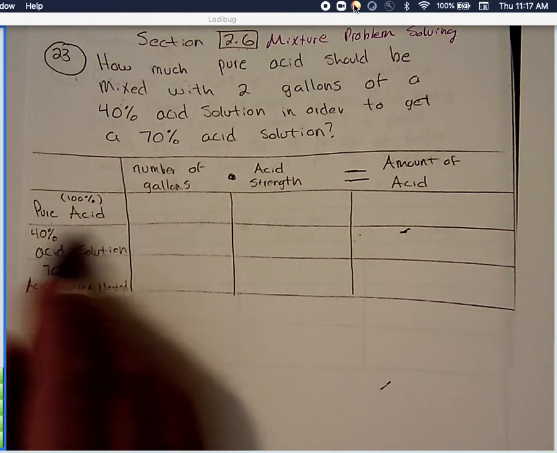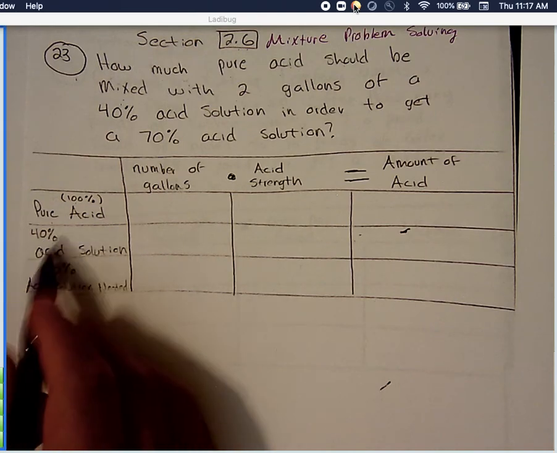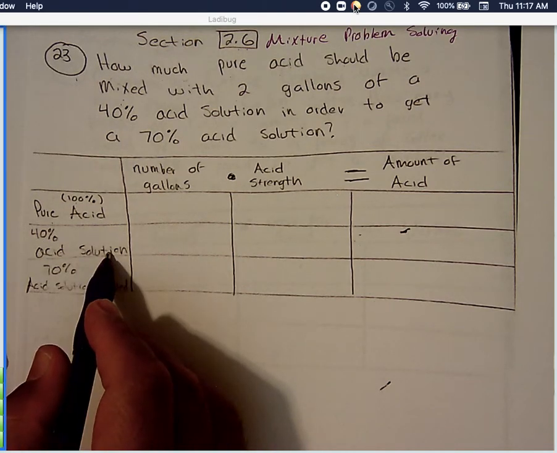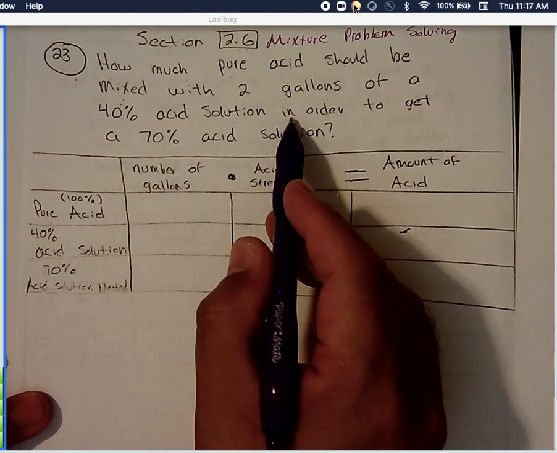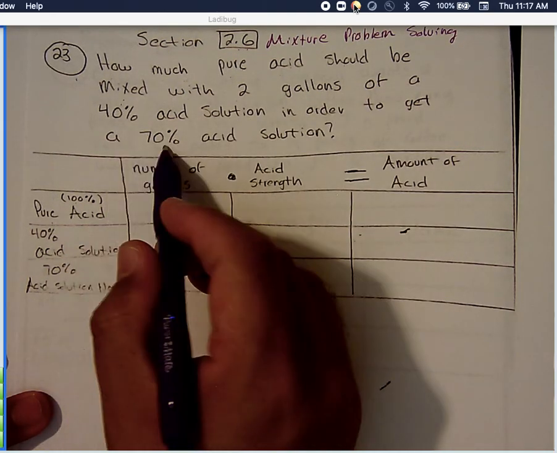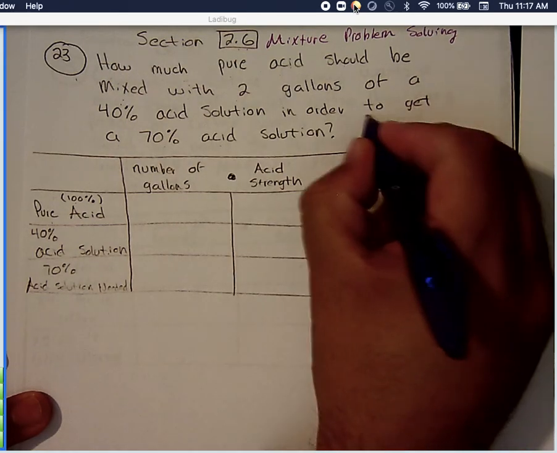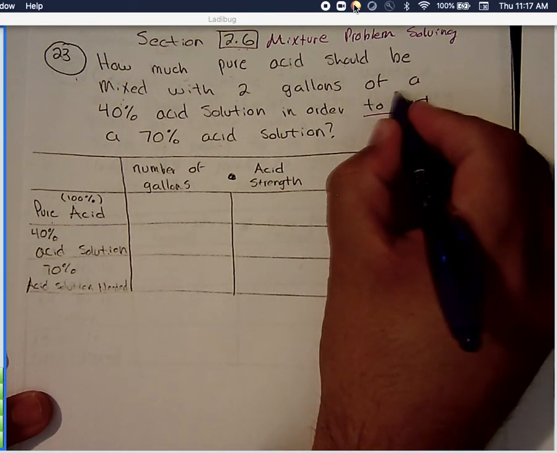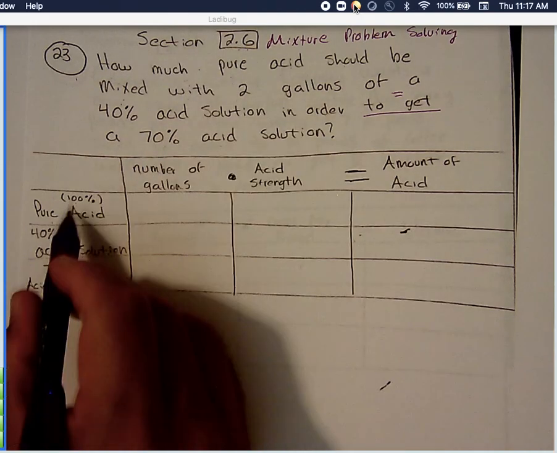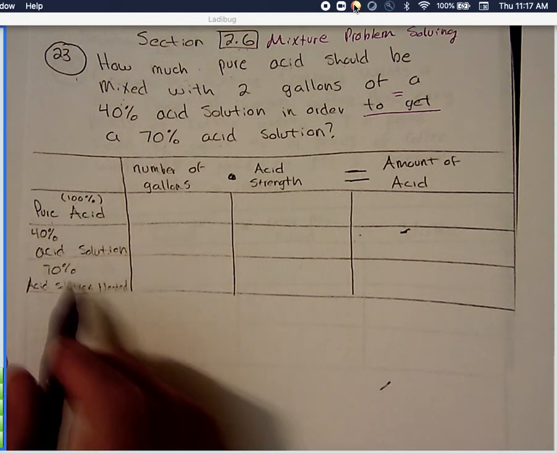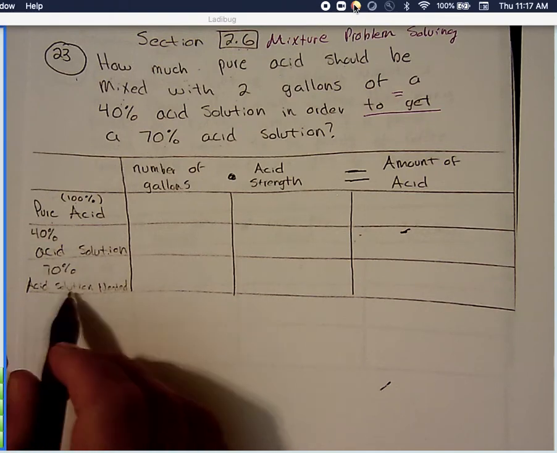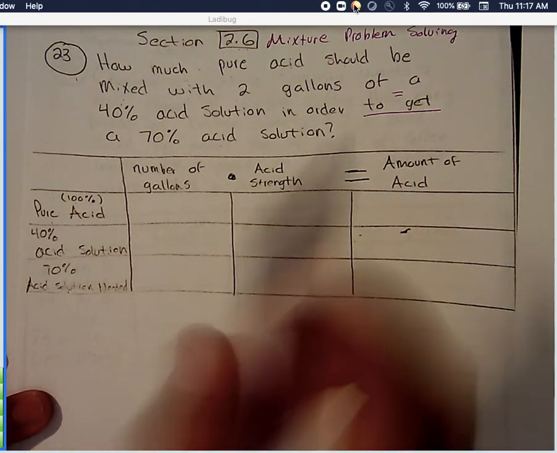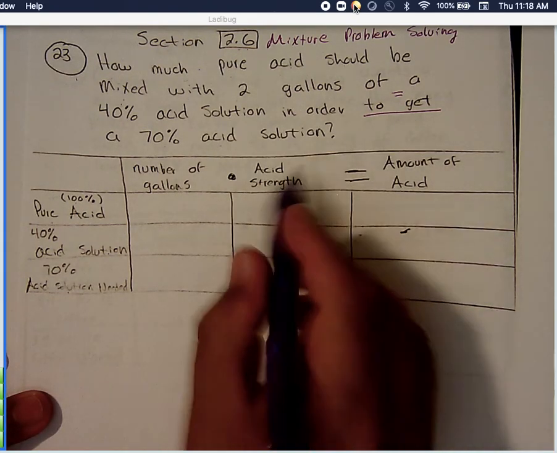So in this next square, that's where they put the 2 gallons of 40% acid solution in order to get a 70% acid solution. So to get means when you add these two types of acid, you should get an acid that's 70% purity, right?